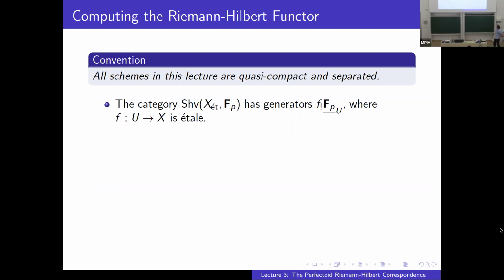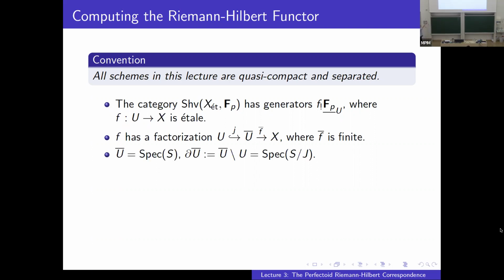Now, this is pretty easy to say if U is finite étale over X. In that case, this sheaf is a local system. In general, it might not be finite, but you can always compactify it. You can embed U as an open subset of some scheme U bar, where U bar is finite over X. And in that case, U bar is an affine scheme.